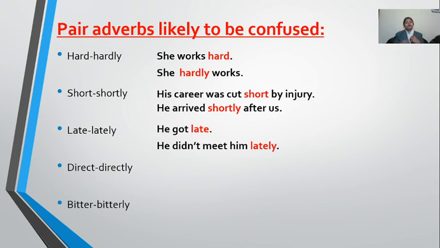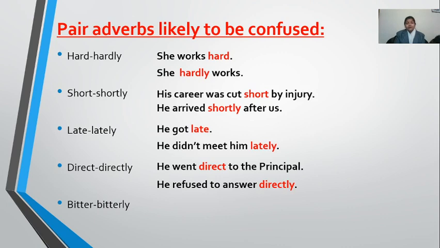Clear? Now the next is direct or directly. Don't forget, they both are adverbs. Now, what is their meaning? He went direct to the principal. Here direct means straight. He went nowhere else, straight he went to the principal. Now let's see the use of directly. He refused to answer directly.